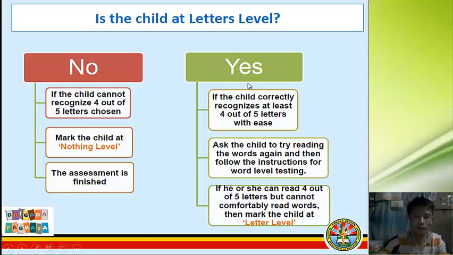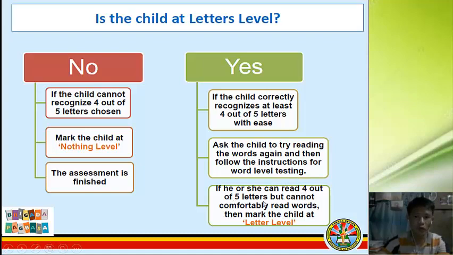So you're done. Now, how do we identify if the child belongs to yes or the functional level? If the child correctly recognizes at least 4 out of 5 letters with ease, then ask the child to try reading the words and follow the instructions for word level testing.